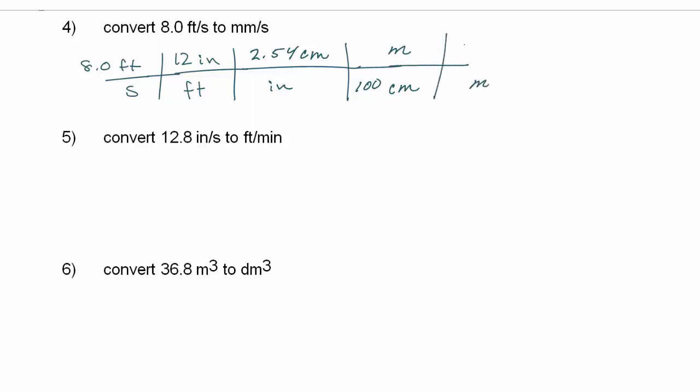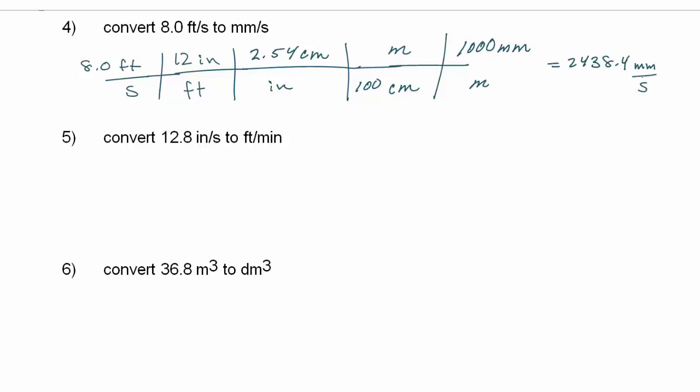And in a meter, I have 1,000 millimeters. Okay, if you knew that there were 10 millimeters in a centimeter, you could have just done that too, but I don't like to memorize all that stuff. So everything on top multiply, bottom divide. 8 times 12 times 2.54, divide by 100 times 1,000, about 2438.4 millimeters per second.